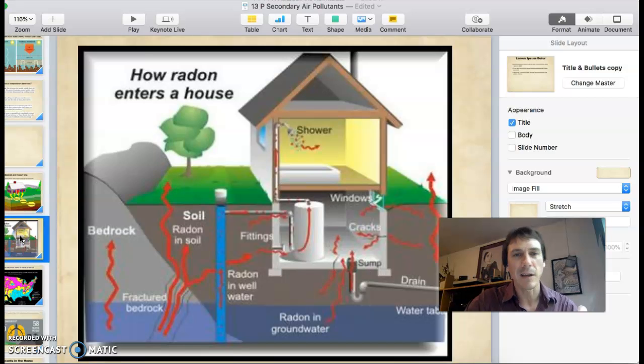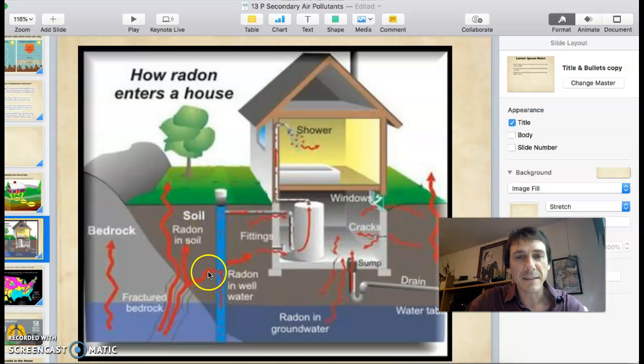So let's take a look at how it enters a home. Well, radon can be found in fractured bedrock. So if there are cracks in the bedrock, it can work its way through the cracks, and it's a gas, so it rises, right? So it's always going to find a way up. It can find its way up into the soil, so your soil can have radon in it.